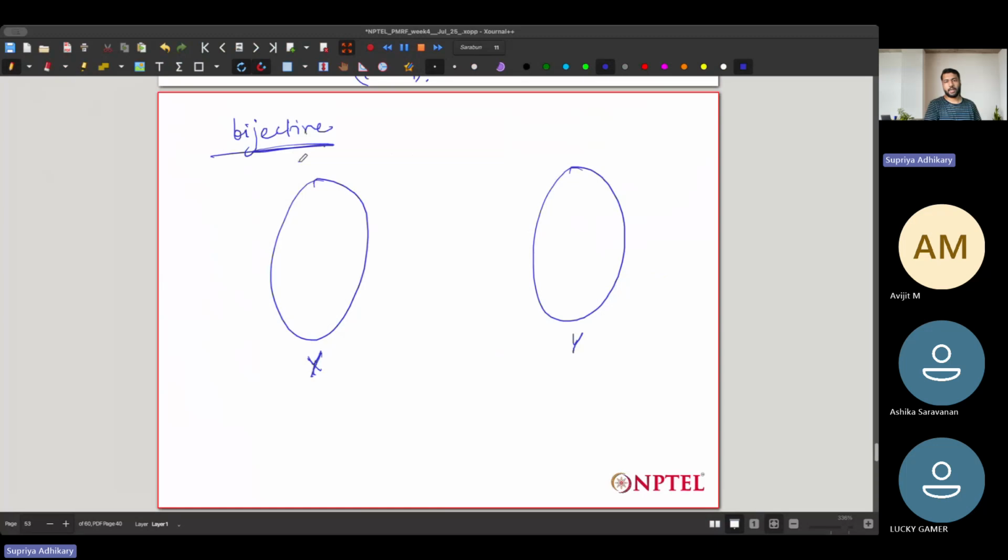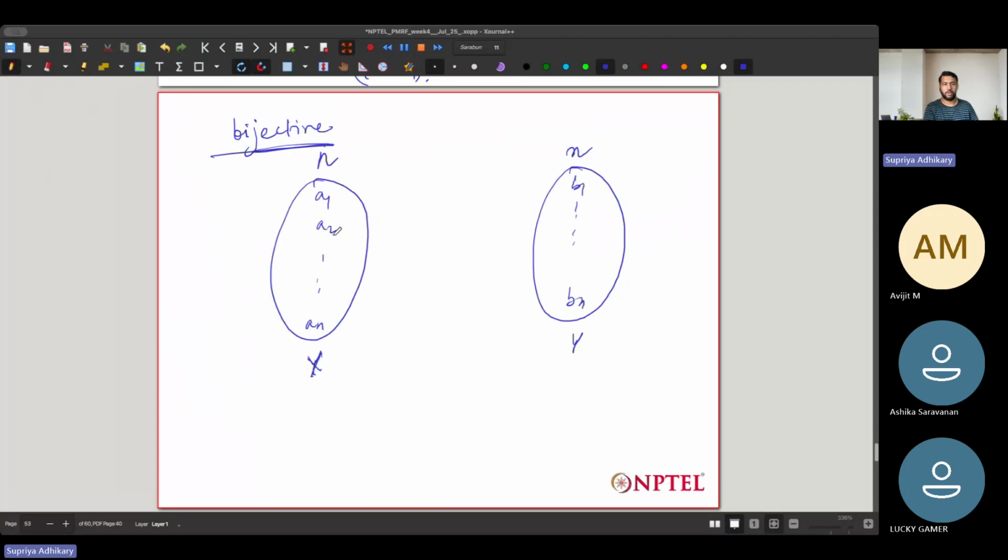So instead of m and n, we just consider there are total n elements in both of the sets. Now, if we want to find a bijective mapping, we have a1 to an and b1 to bn.